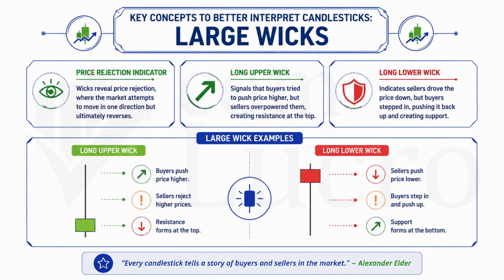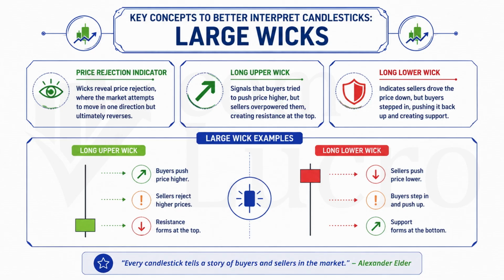Next, let's talk about large wicks. Wicks, or shadows, are just as important as the body. They reveal price rejection, when the market tries to move one way but ultimately reverses. A long upper wick, for example, shows that buyers tried to push higher, but sellers overpowered them, creating resistance.